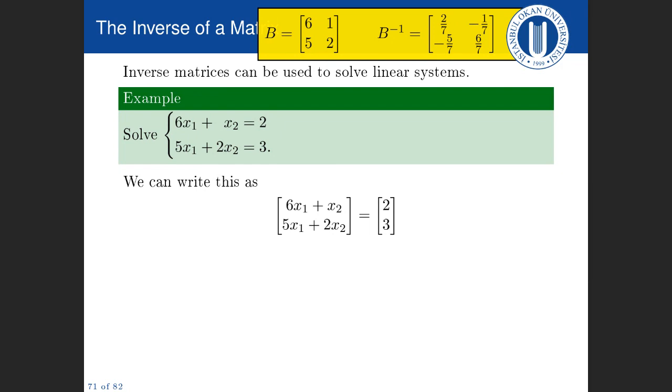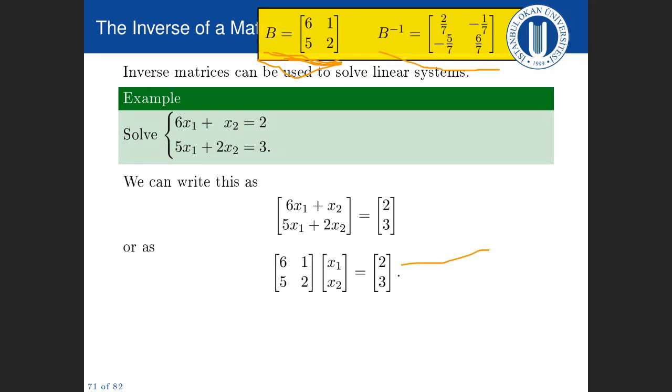But the left-hand side is equal to a 2 by 2 matrix multiplied by a vector. It's 6, 1, 5, 2 multiplied by x1, x2 is equal to 2, 3. This matrix is just the one we looked at a couple of examples ago. It's the matrix I called B back then, and we found the inverse of this matrix.